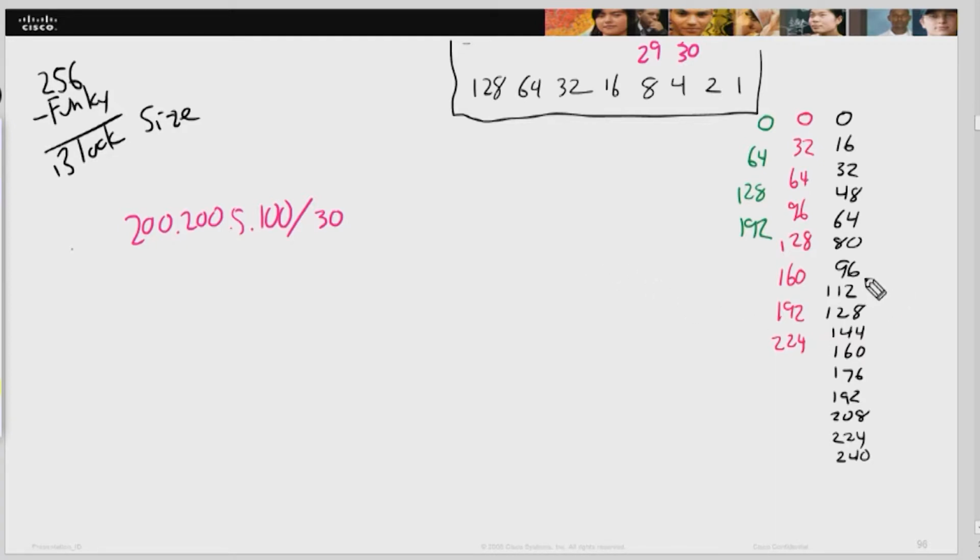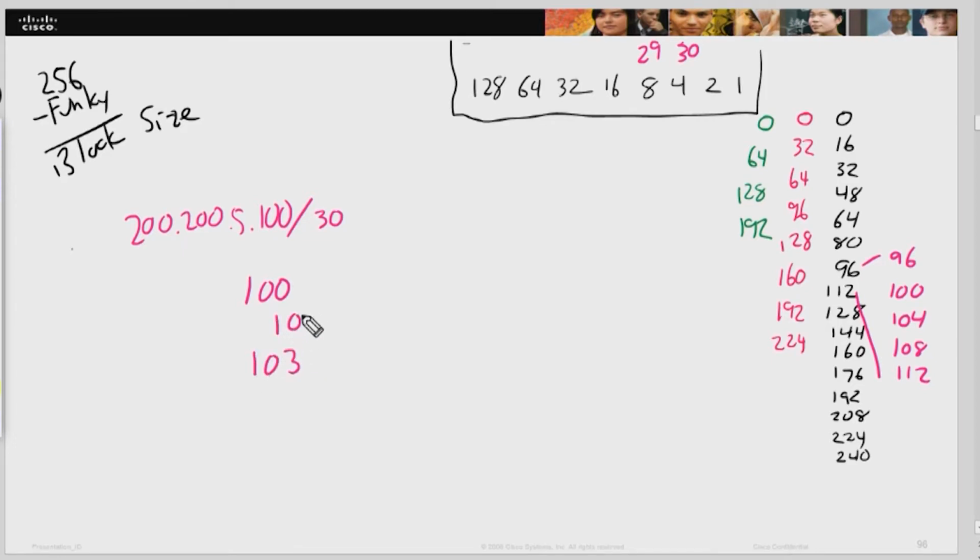Again, 96. 100 is after 96. So 96 plus 4 is 100. Plus 4 is 104. Plus 4 is 108. Plus 4 is 112. Again, there we go. 96 to 112, that's the little piece that I've extracted of block size 4. And now I can see that 100 is on the 100 network with a broadcast address of 103.